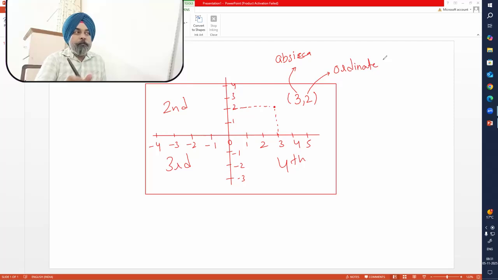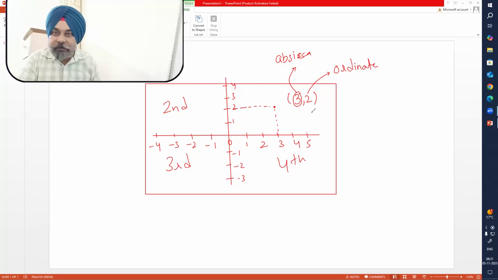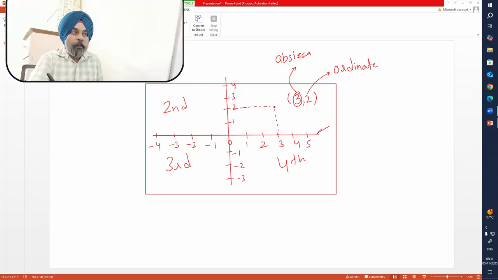So the first number should come from the x-axis and the second one should come from the y-axis. But I haven't told you what the x-axis and the y-axis are. The horizontal line is taken as the x-axis, and the vertical line is taken as the y-axis.